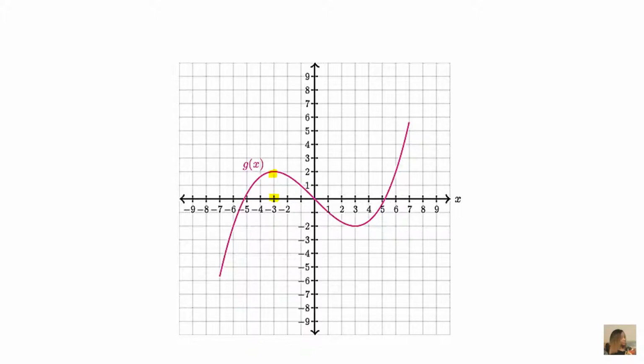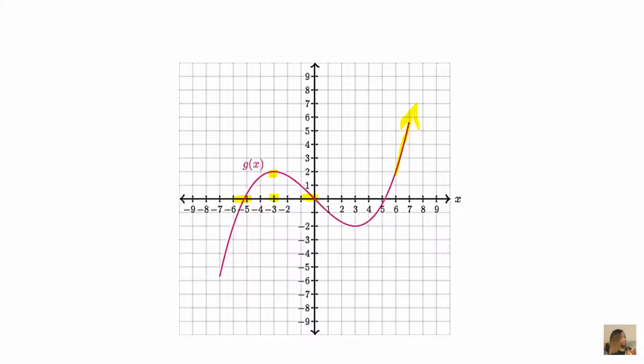A relative maximum is easy to spot visually because it's a local maximum where its y value is larger than all the other points that surround it. But eventually, as we see here, the function does surpass it.